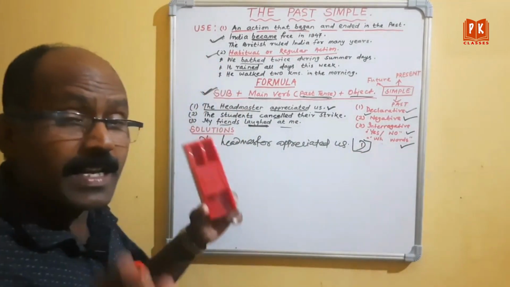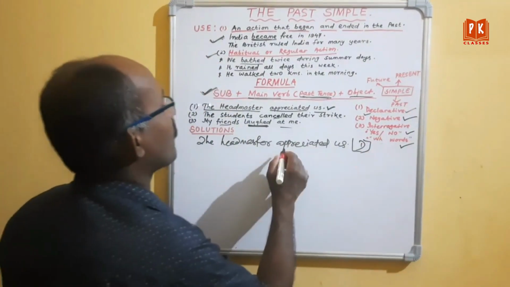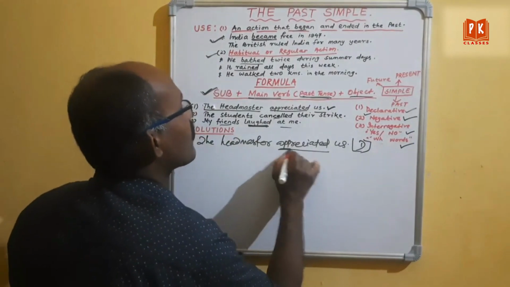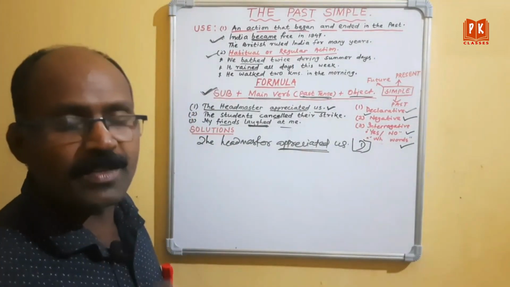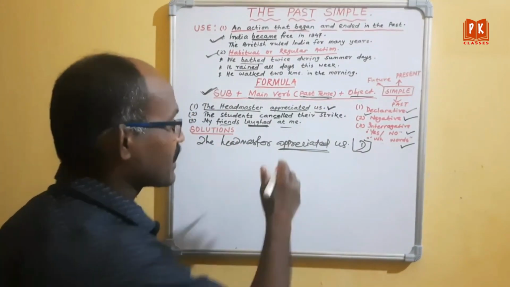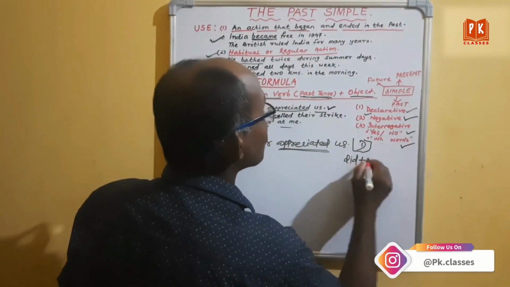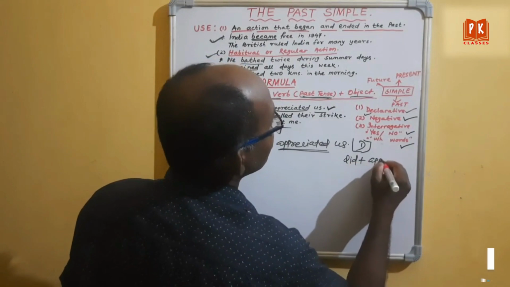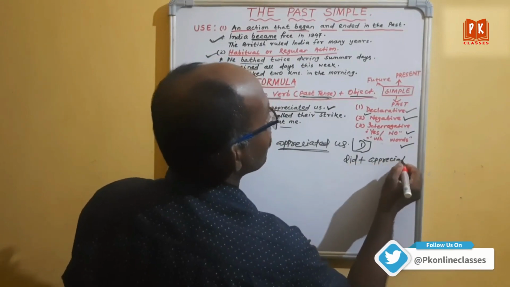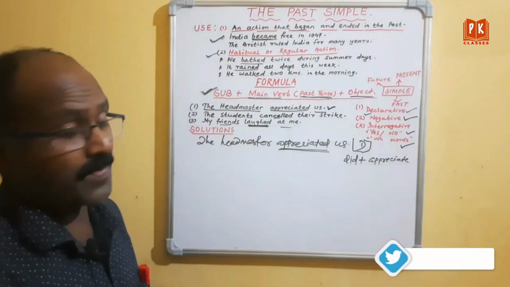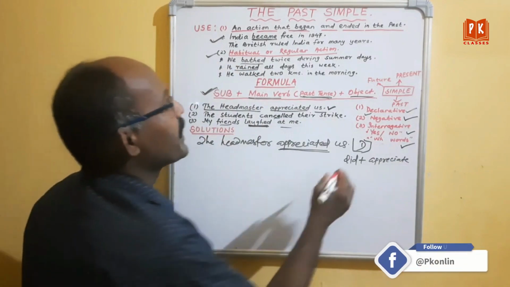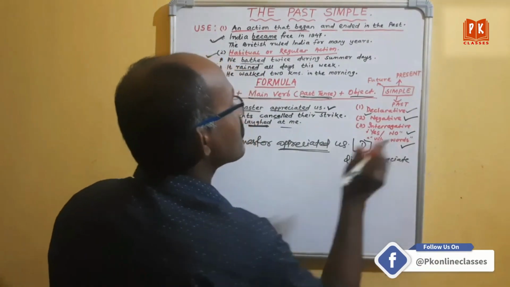Negative formula means in present simple you take the verb. First identify the verb. Verb means it is appreciated. Appreciated means past tense. Past tense means what is there? Now there is did plus what? Main root verb appreciate. If you break the verb, then there will be no problem. In between, you have to use not, did not appreciate.